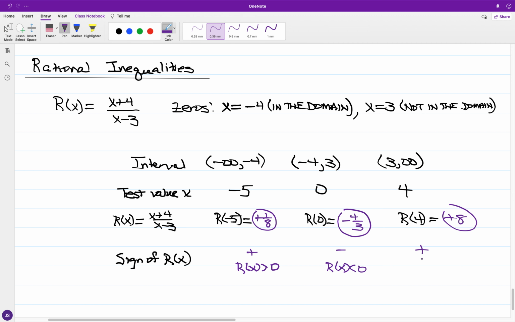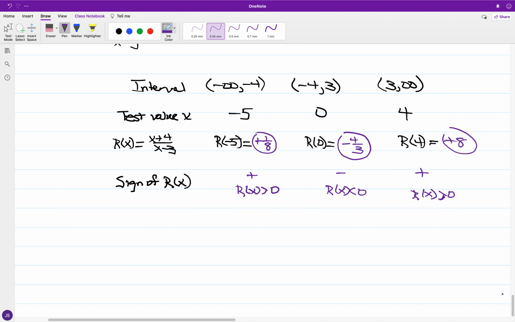And then positive for the last, r of x greater than 0. Then for the inequality scenarios, if I have that r of x is less than 0, this will apply to the middle section, so between -4 and 3.